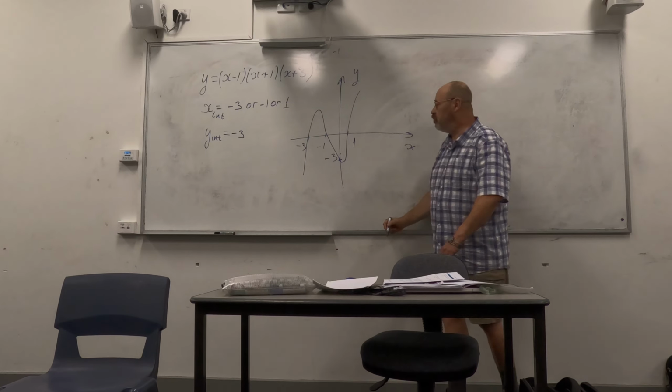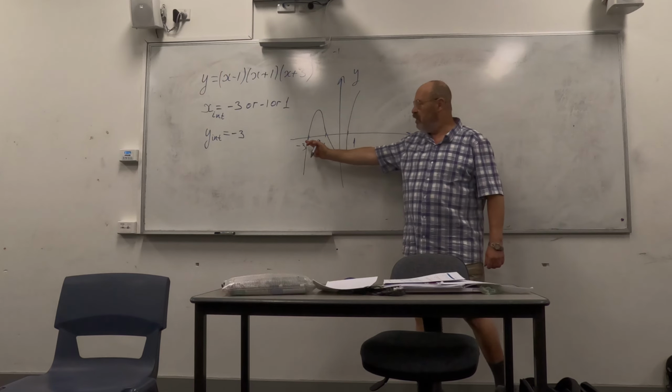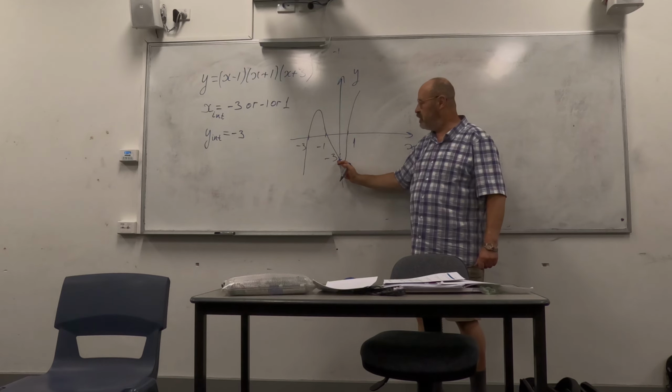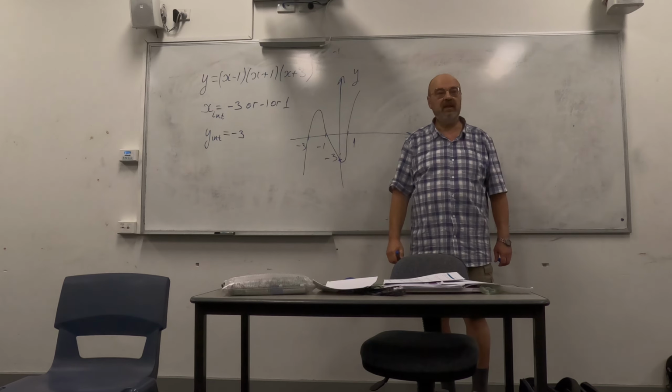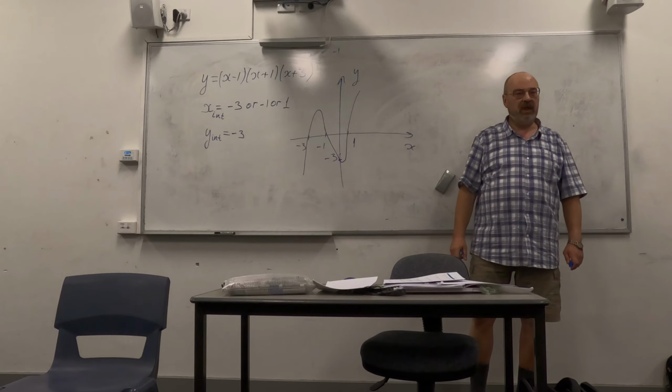That's how it will look. We have 3 x-intercepts, and we know the y-intercept, and we know the shape.